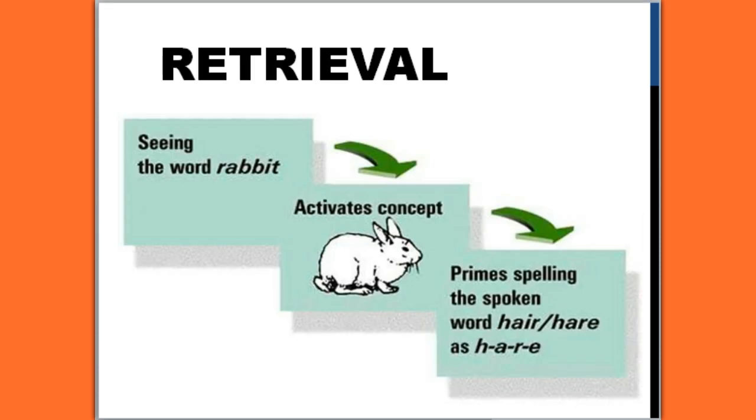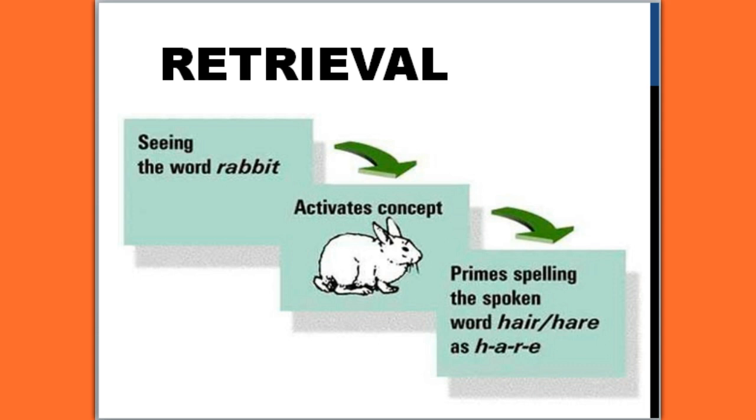Most of you probably wrote the word H-A-R-E because I primed you to write hair by showing you a rabbit, which is H-A-R-E is closer to the rabbit than H-A-I-R. Although had I shown you a picture perhaps of somebody cutting somebody else's hair or a haircut or something, you might have more likely written H-A-I-R. So again, there's always the oddballs out there that may not see it that way, but I'm just trying to point out here that you can be primed.